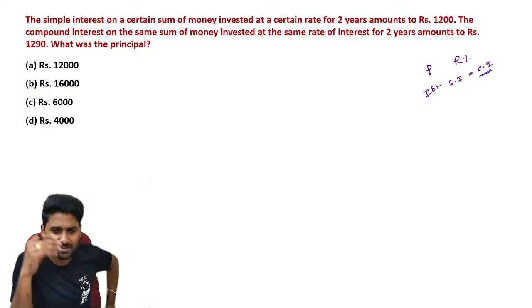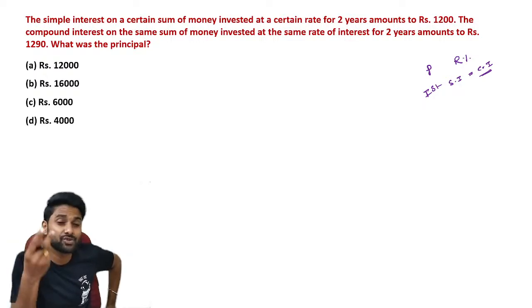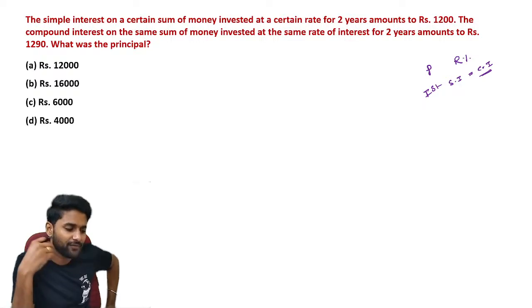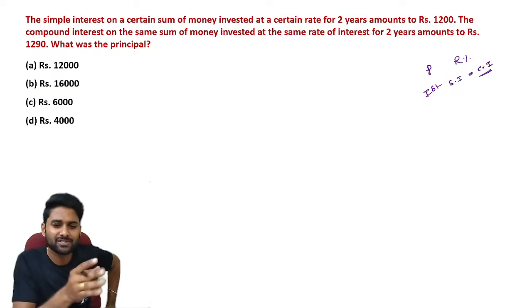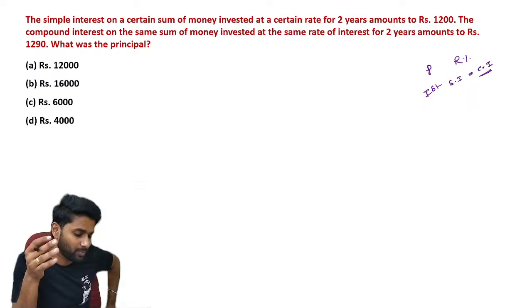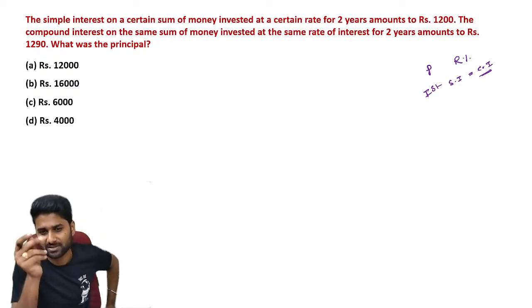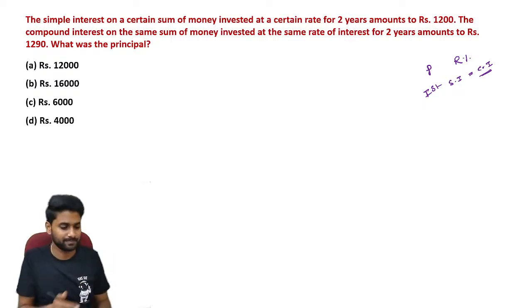The reason is that from the second year onwards, we have to pay interest on the interest in compound interest. Every year, if you pay interest on the principal, it's simple interest. For compound interest, from the second year onwards, you pay interest on the interest.